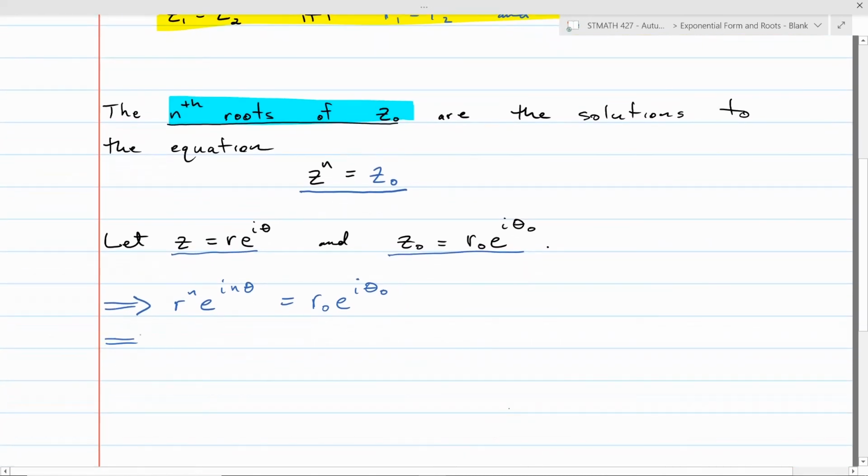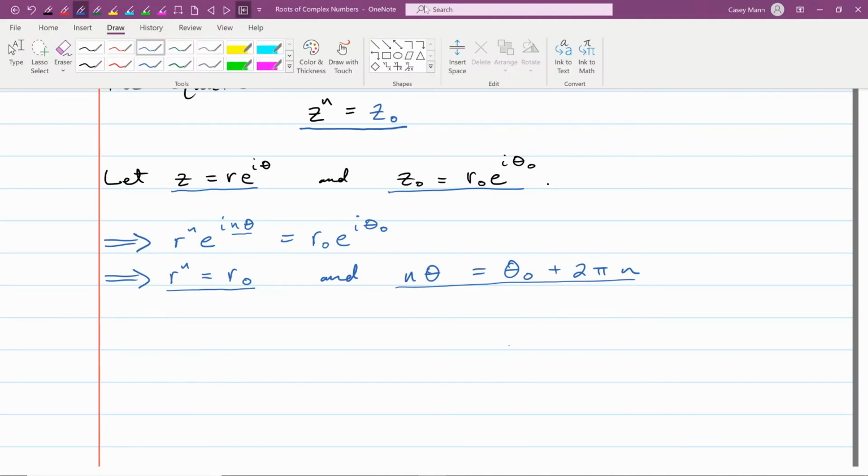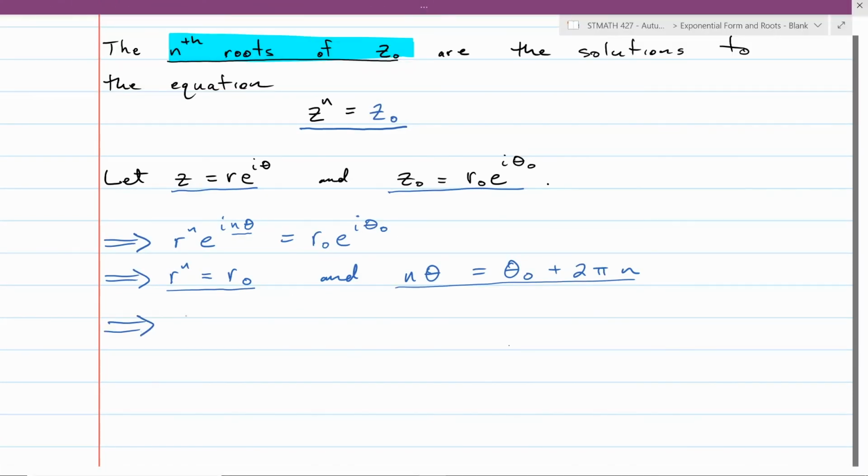From here, I can deduce that r to the n must equal r naught, and n times theta has to equal theta naught plus 2 times pi times k. So I'm just equating the radii and the angles, the thing that's multiplied times i in the exponent. In the first equation, I can take the regular old real nth root of both sides, and I get r has to be the nth root of r naught.